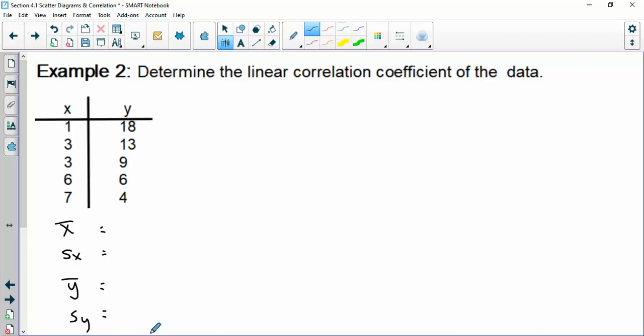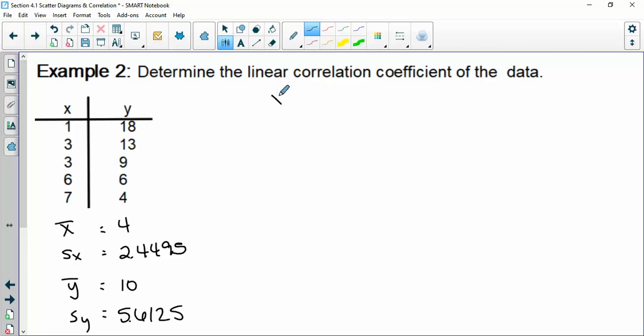And then if you go into your two variable statistics, the mean of my x is 4, standard deviation of my x is 2.4495, mean of the y was 10, standard deviation of the y is 5.6125.